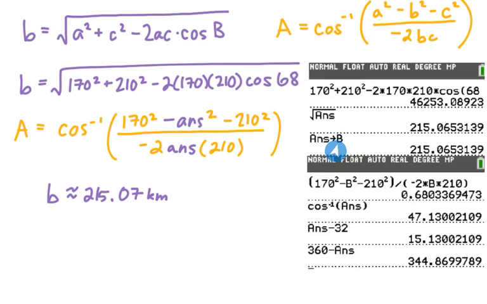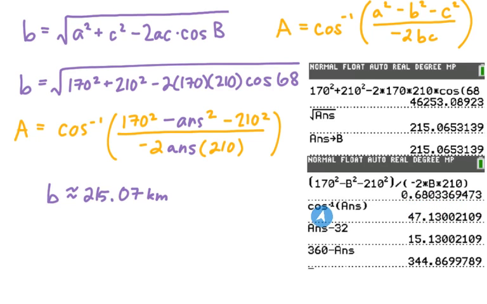And then I typed alpha B to store it as 215, so that when I went to use B in my calculations for A, I calculate my argument, which is 170 squared minus B squared minus 210 squared, divided by, notice I have parentheses around my entire numerator and my entire denominator, negative 2 times the b value that I stored times 210, which gives me 0.6803369.